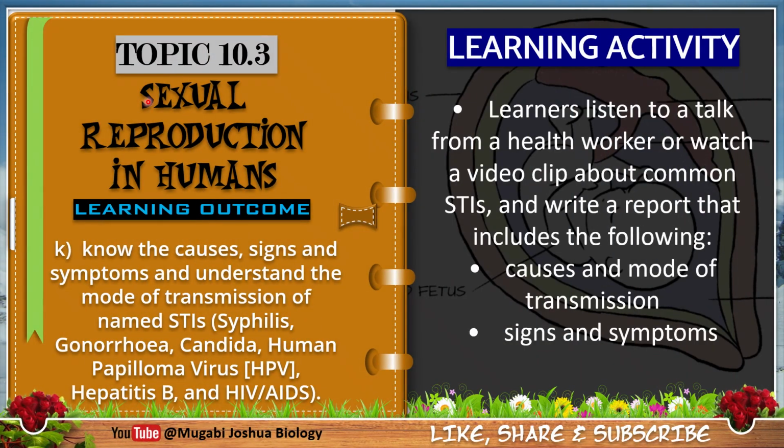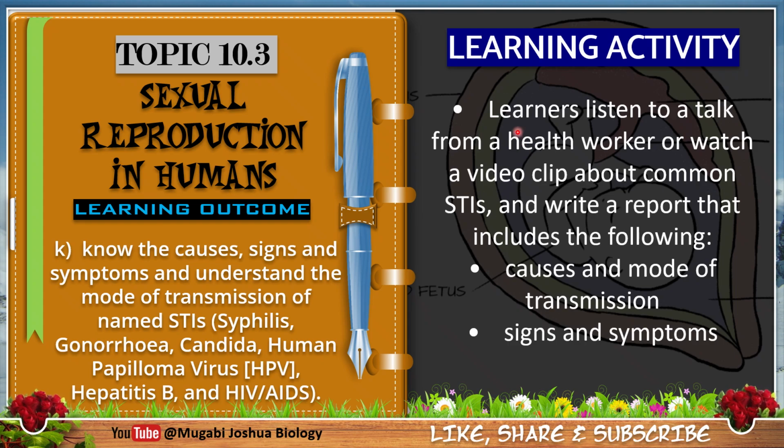Thank you very much for participating in topic 10.3, sexual reproduction in humans. We have been looking at learning outcome K: know the causes, signs, and symptoms, and understand the mode of transmission of named STIs: syphilis, gonorrhea, candida, human papilloma virus, HPV, hepatitis B, and HIV/AIDS.